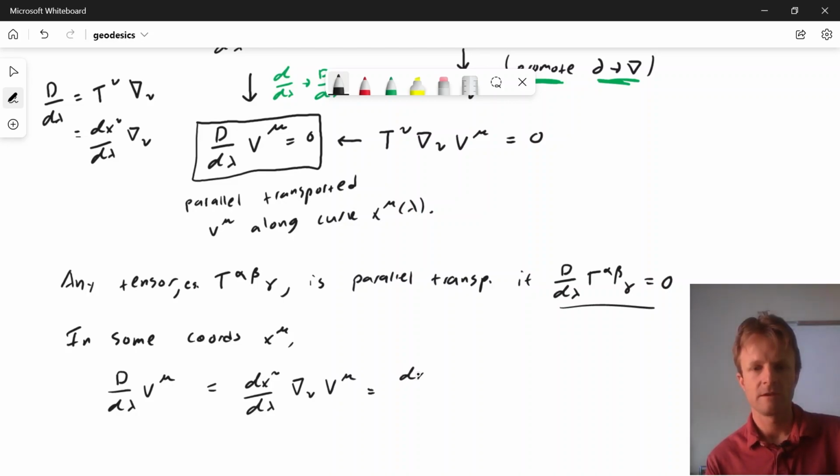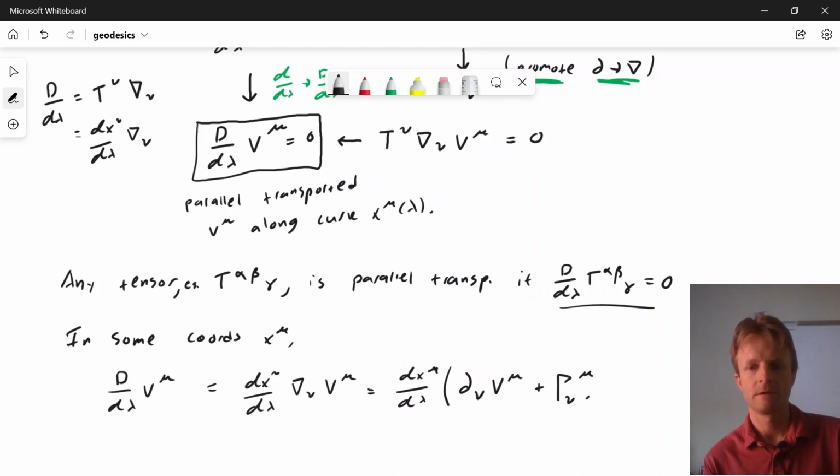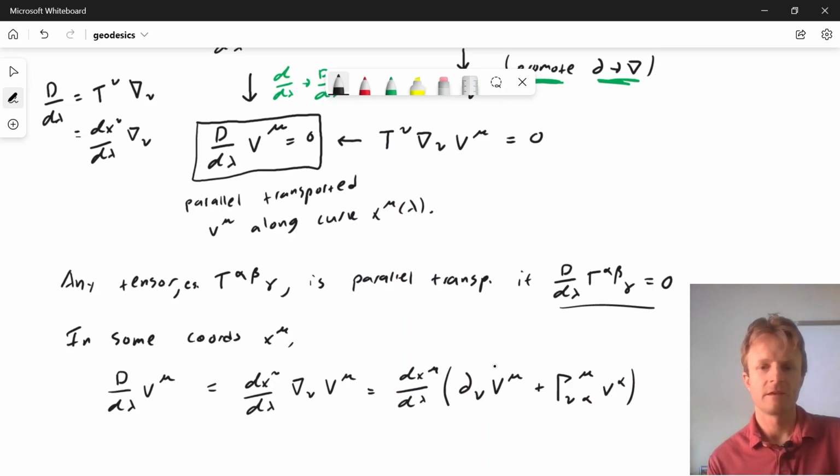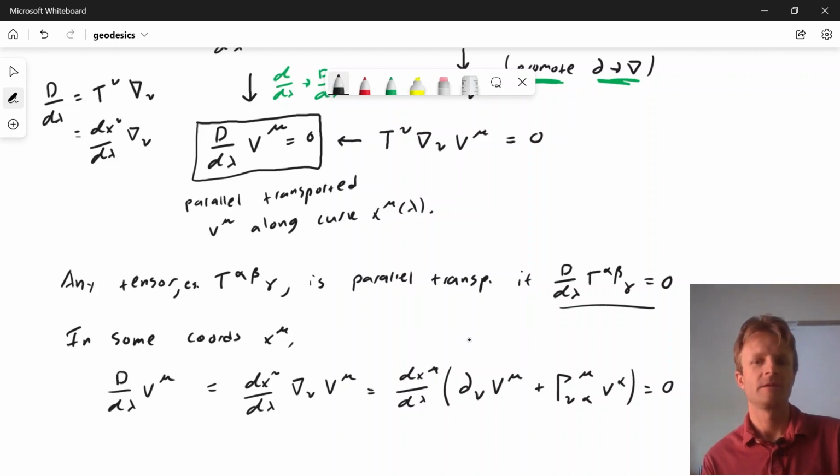So dx nu d lambda comes out front, and last time we derived that the covariant derivative is del nu v mu plus gamma mu nu alpha v alpha. And so this thing equals 0 is a definite equation that you could solve. It's just got normal derivatives of coordinate components. Does that x have a mu on it? This should say nu. Thank you.